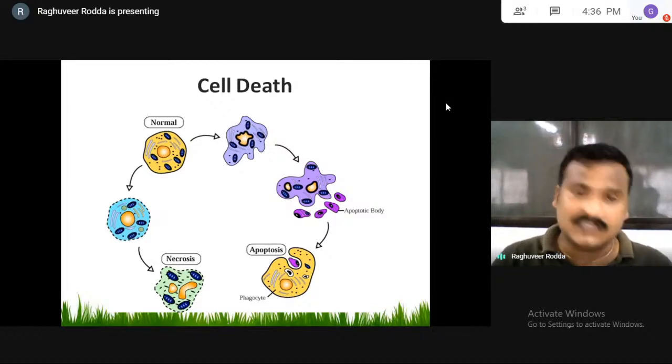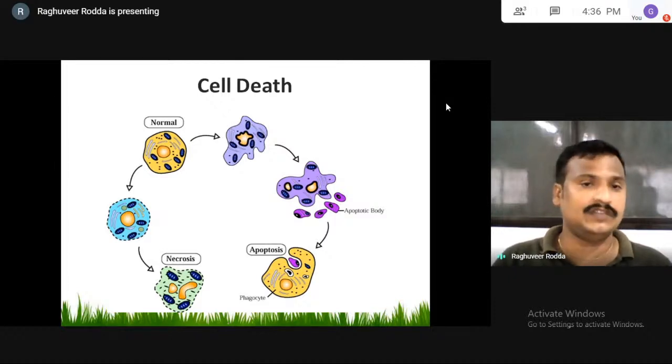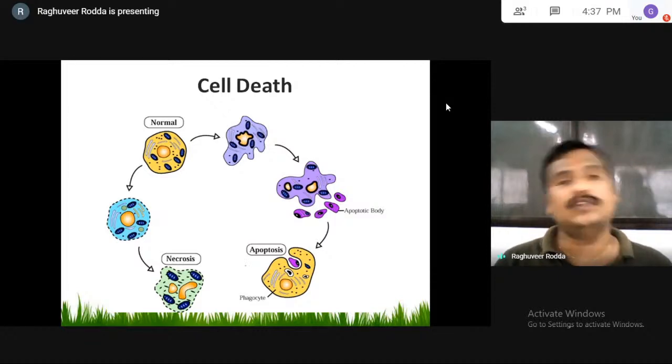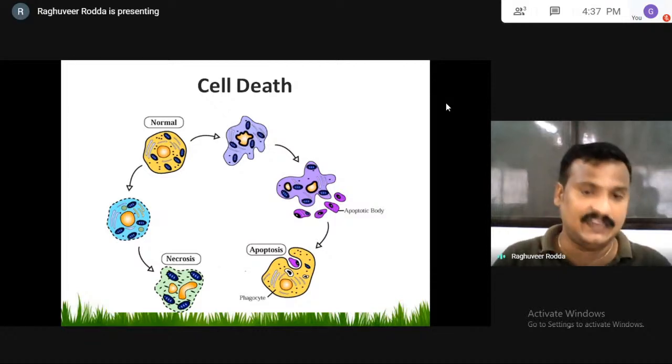And the normal cell which is under stressful conditions and injured by various causative agents, based upon the extent of damage done and the causative agent involved, moves in two directions towards the death of that particular affected cell. So one pathway is called apoptosis.